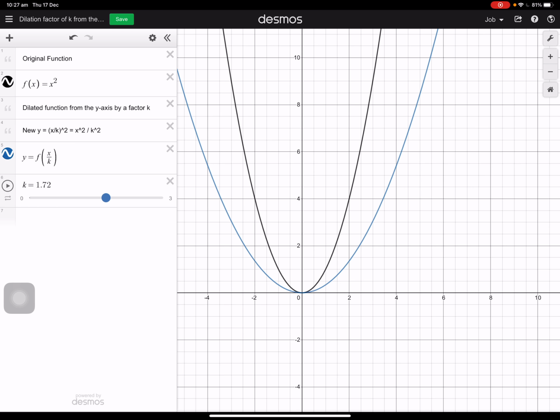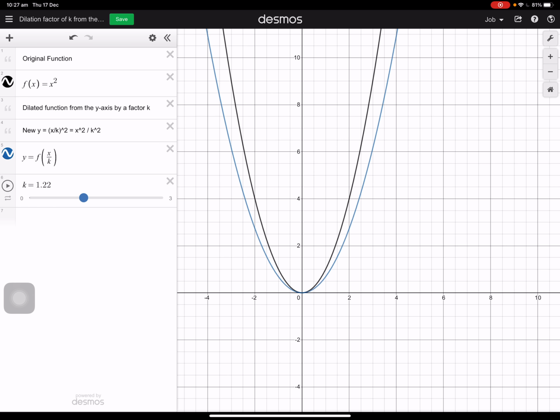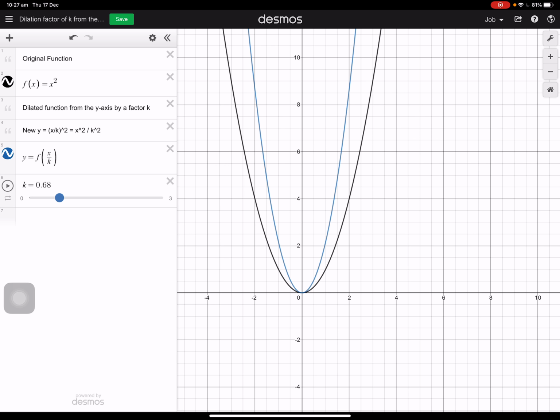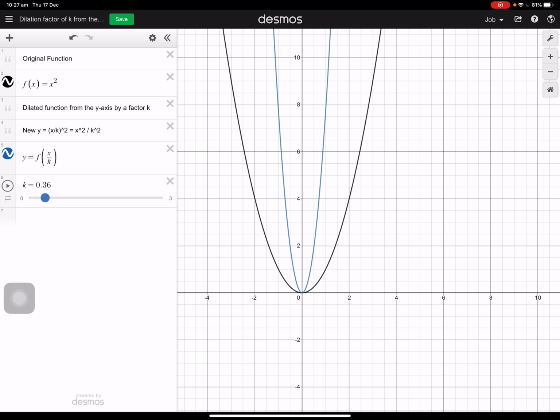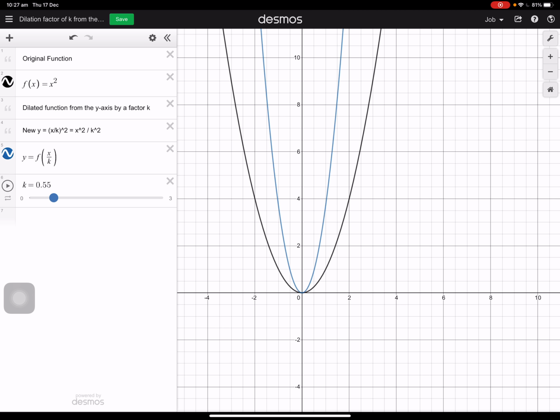And as k is between 0 and 1, it will move towards the y-axis, right? It will be between the original function and the y-axis, just like when we do the dilation with the points. And as soon as k is equal to 1, they will be the same.